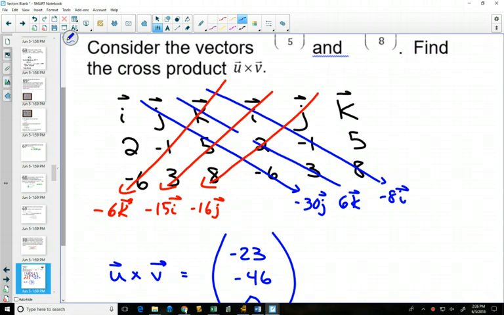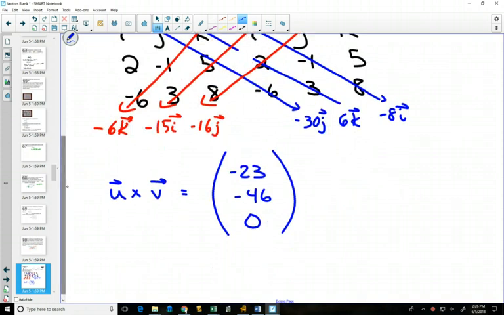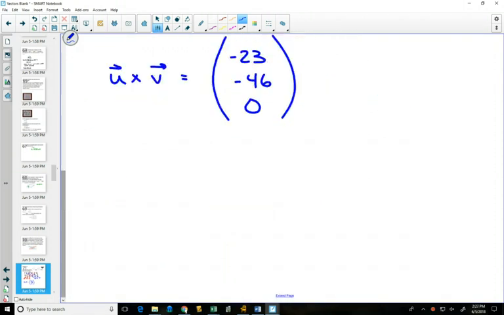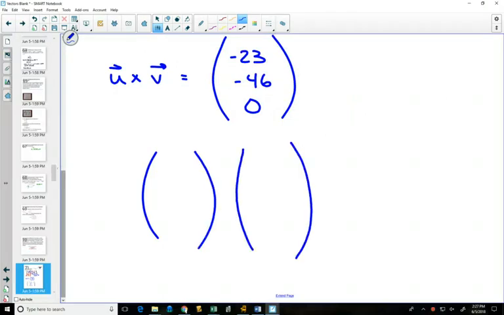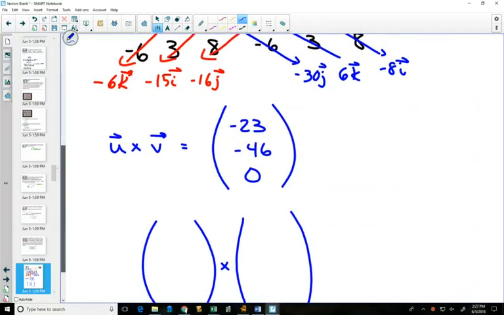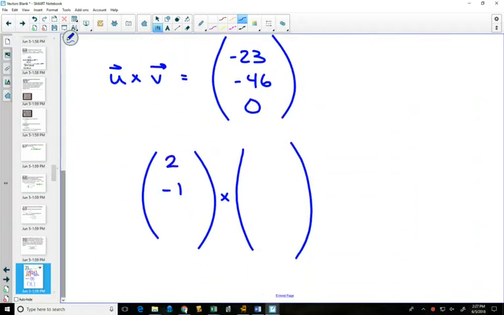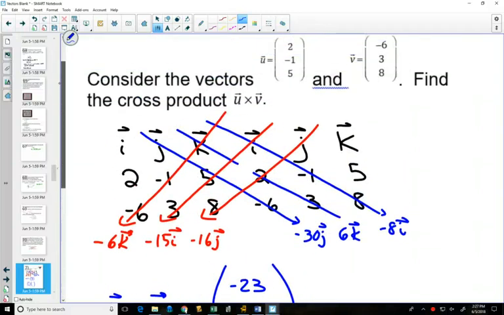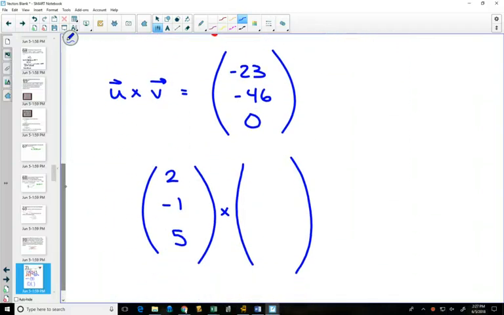Now, what I did is I looked at whether there is another way that might even be easier to do this. So here is u and here is v, and I want to do the cross product between them. u was 2, -1, 5, and v is -6, 3, 8.